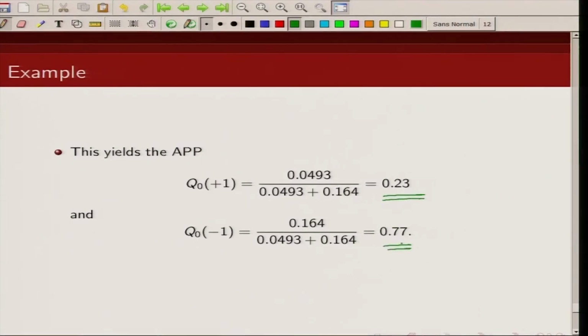Now, based on whichever is more likely, you decide in favor of that. For example, in this case, Q being -1 is more likely. So, the bit which was transmitted was 1. Okay.